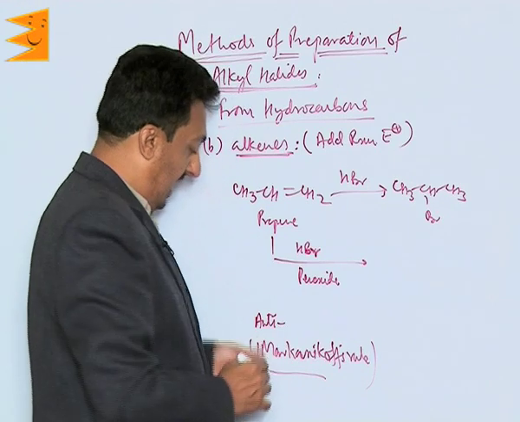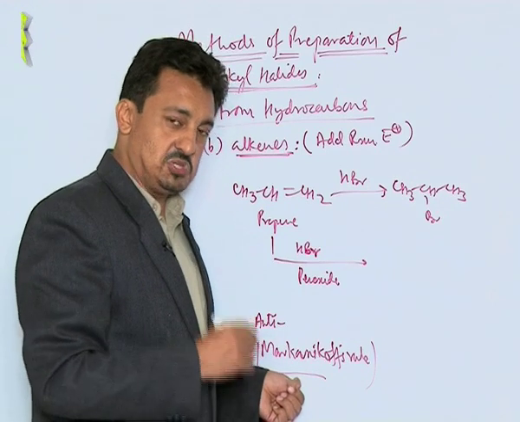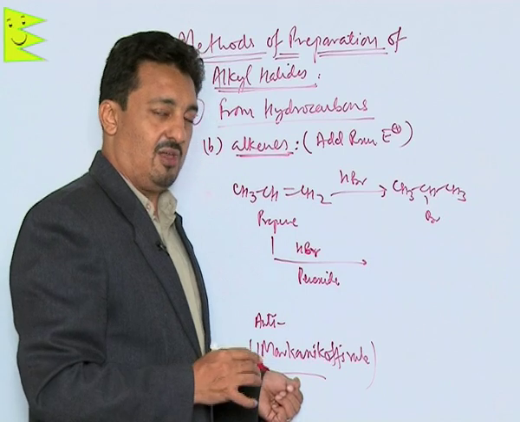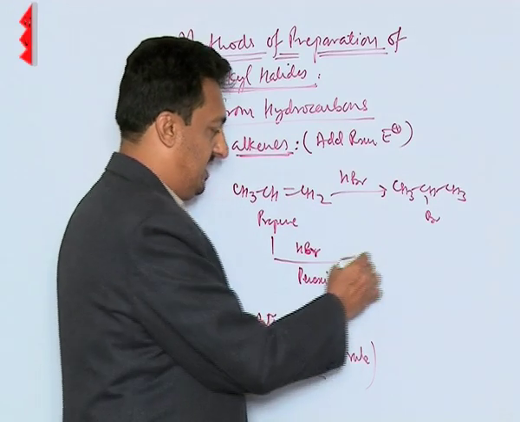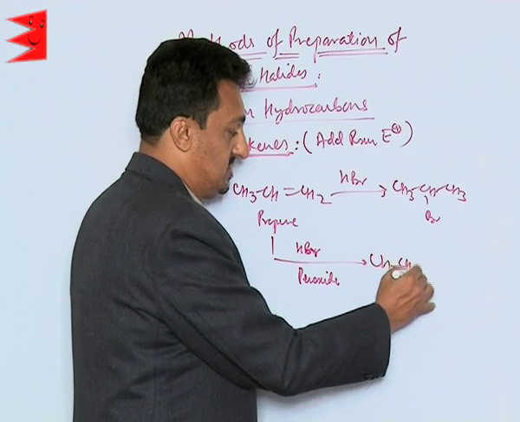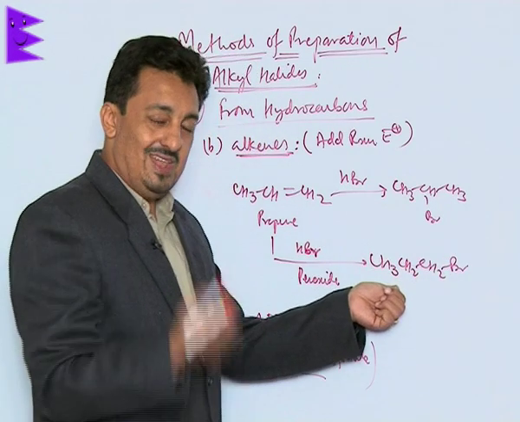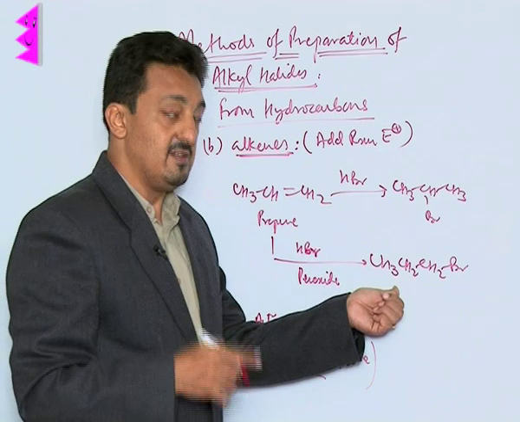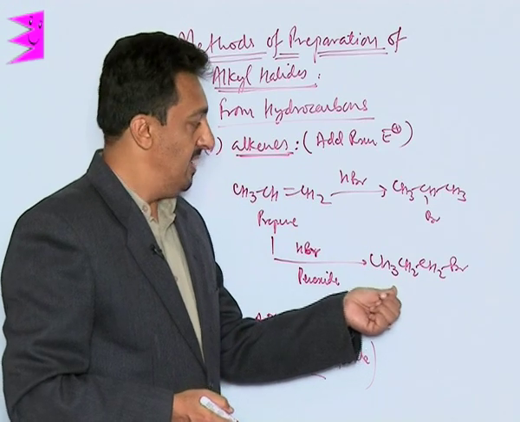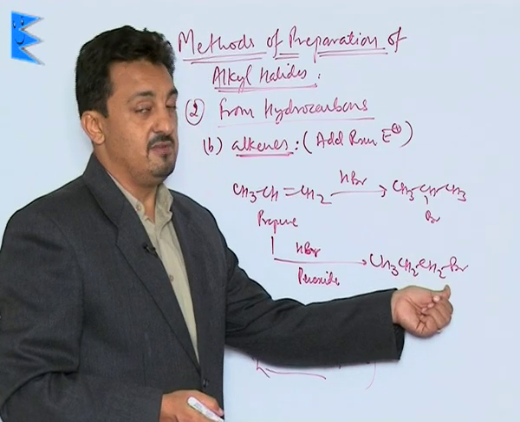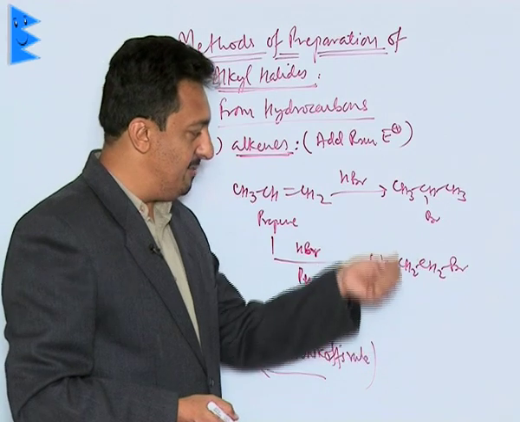It follows anti-Markovnikov's rule, which is also called the peroxide effect or Kharasch effect, in which we find CH3CH2CH2Br is formed. The bromine goes to the less substituted carbon. The reason is that a more stable free radical is formed. They are exactly opposite to this one.